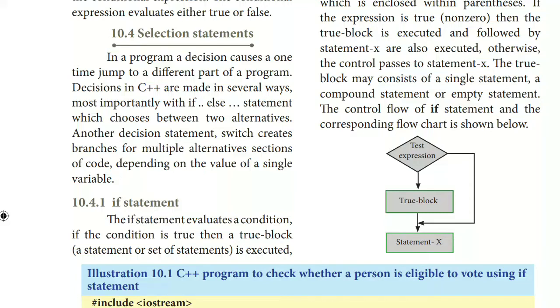You can see that in C++ there is a statement which is known as if statement, which checks the condition. If the age is greater than or equal to 18, then you are eligible for vote. If age is less than 18, then you are not eligible for vote. So this kind of logic is implemented by using this if statement. Here your first statement is known as if statement.